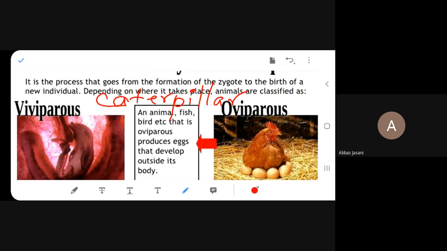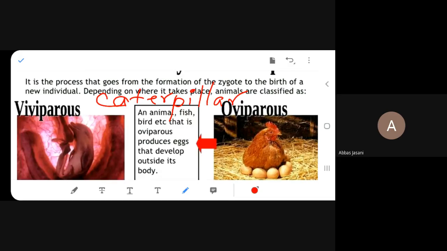Yes, ma'am. Okay, what have I written on the slide? Caterpillar. So what is the other name of larva?